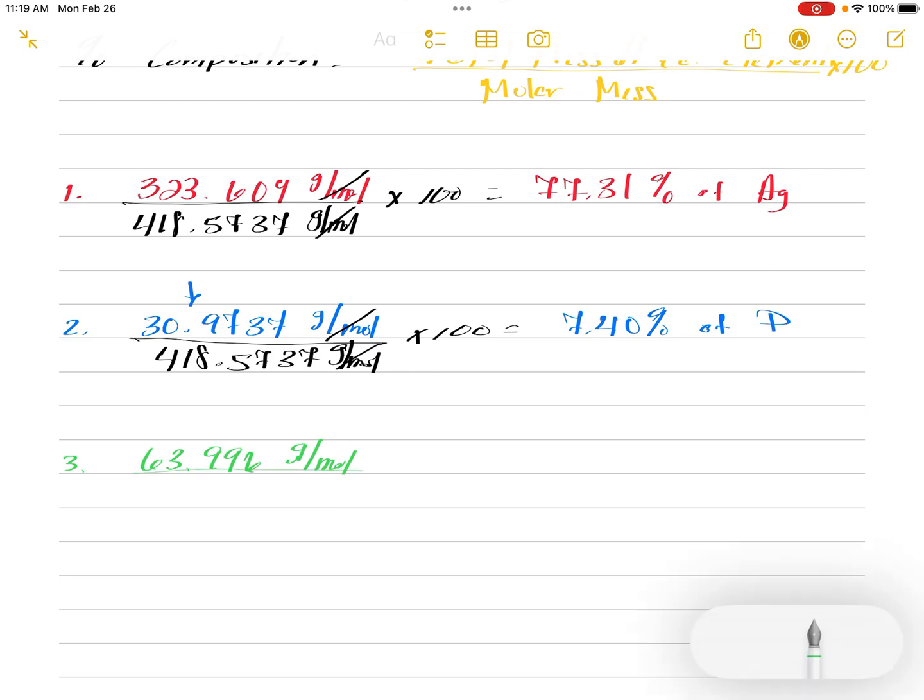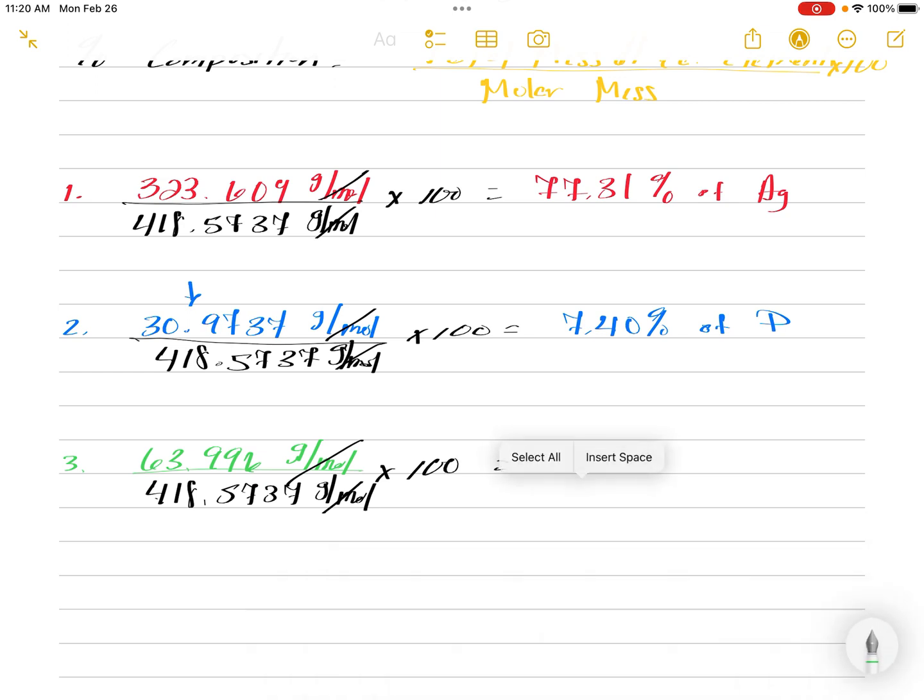Divide that by the total molar mass, which is 418.5737 grams per mole. Cancel, times 100, and that gives me a total percent of 15.29% of oxygen.